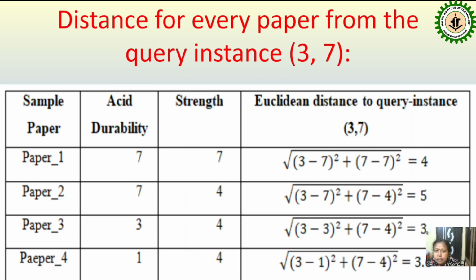We have already calculated the distances. In the first instance, the distance from the query point to the data point is 4. In the next case, the distance is 5. In the third instance, the distance is 3. In the fourth instance, the distance is 3.6.